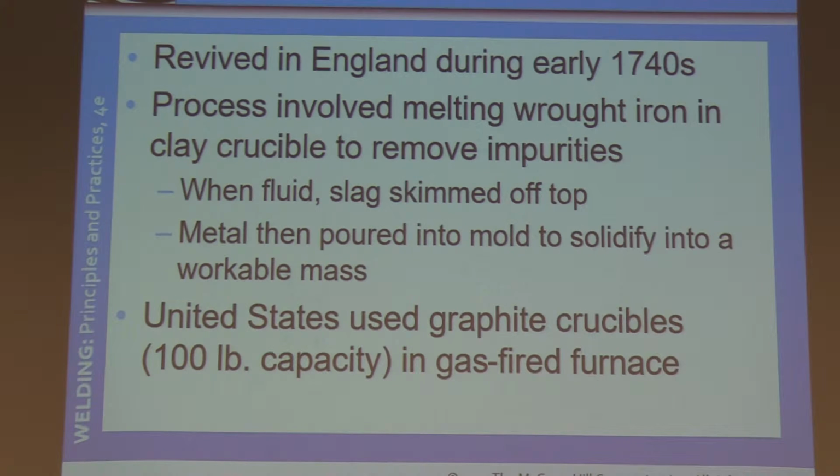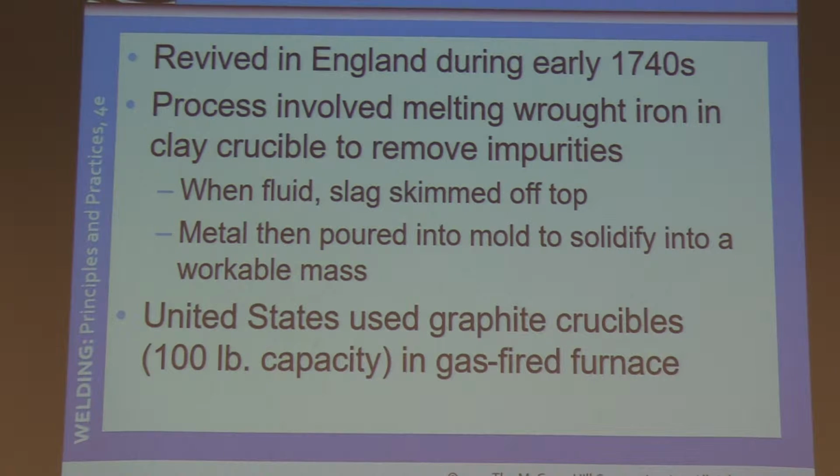The crucible process, I'm going to read from the book. It's a melting pot, okay? Creating a crucible or a pig iron, so to say. The crucible process was revived in England during the early 1740s. Steel produced by the cementation process was melted in a clay crucible to remove the impurities.